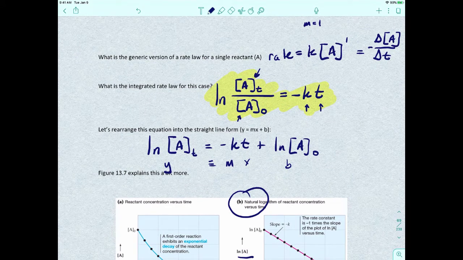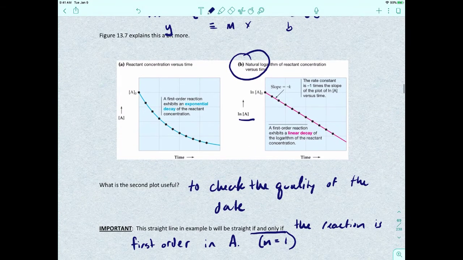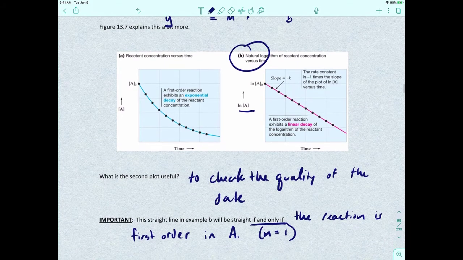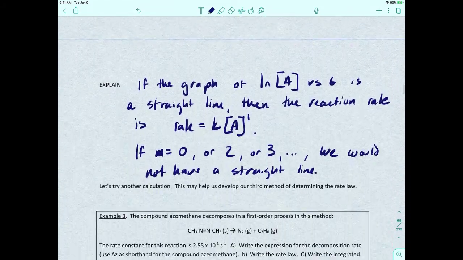This highlighted equation is going to give you a straight line, but only if you have a first order reaction. If you've got a second order, a third order, or a zeroth order reaction, you will not get a straight line. That's that second line. Seeing that straight line confirms that it's a first order reaction. Okay. So that gives us time.